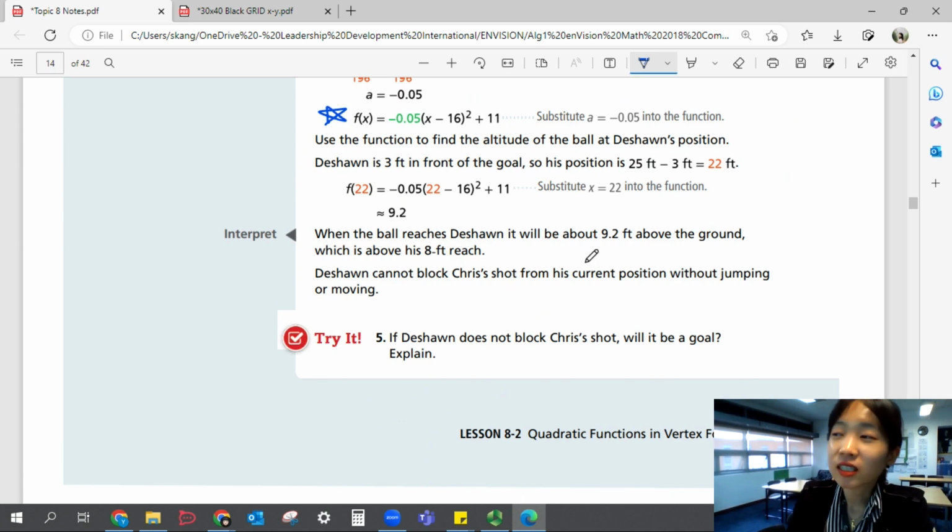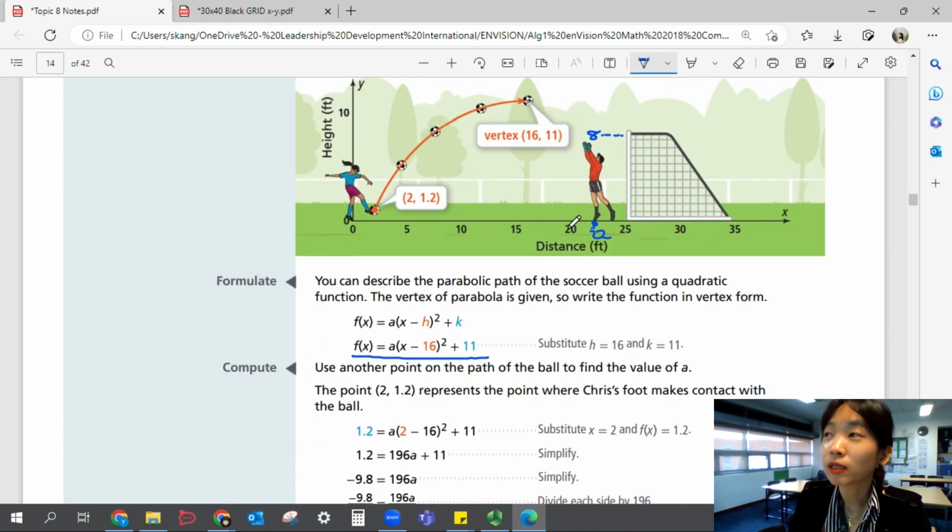If Deshaun does not block Chris's shot, will it be a goal? Explain. So now we know he probably won't be able to block it. Would it be a goal? Would it always be a goal? It could, but depending on the goalpost, right? Right now, at Deshaun's position, it's about 9.2, right?